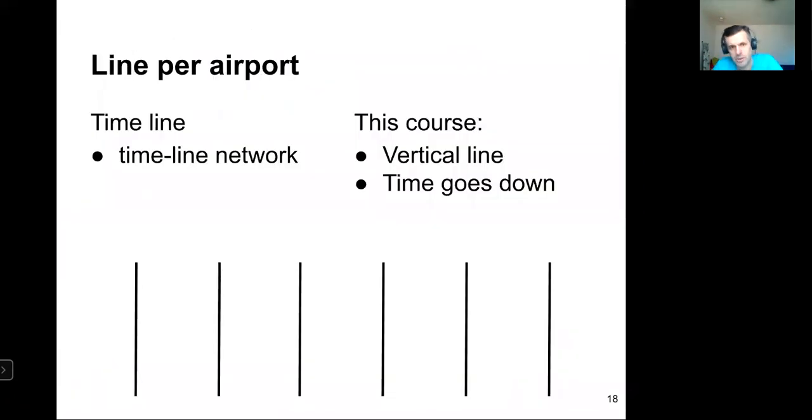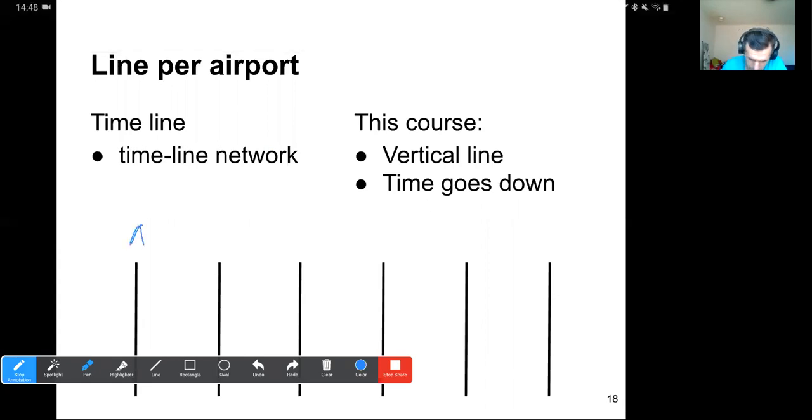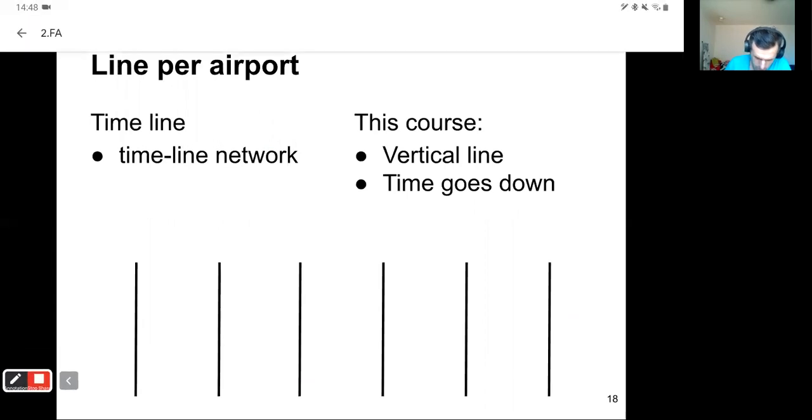So in this course, we will of course use one line per airport, and the lines will be vertical, and the time will go down. So every line here is an airport. So it's airport A, B, C, and so on, and the time goes down. Okay, that's just a convention, as good as any other, but we have to stick to one convention.